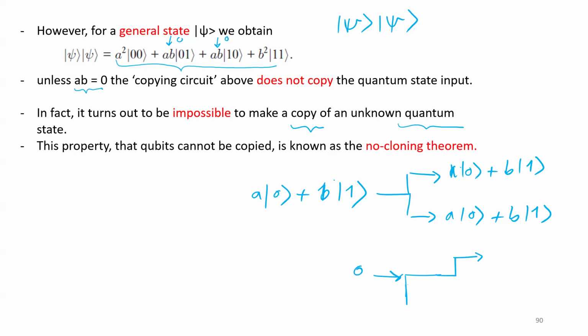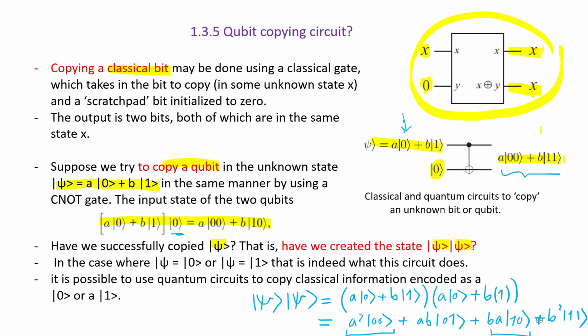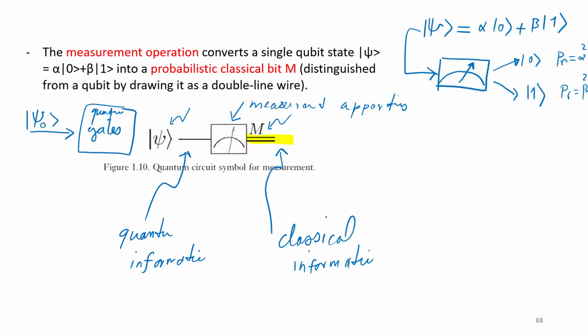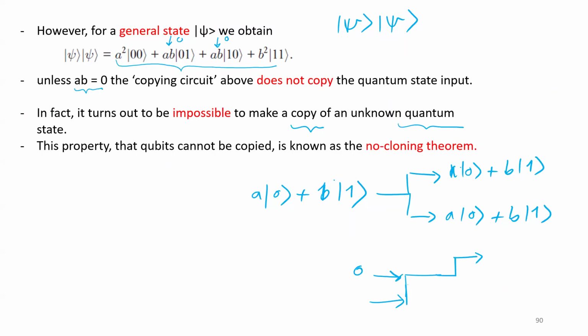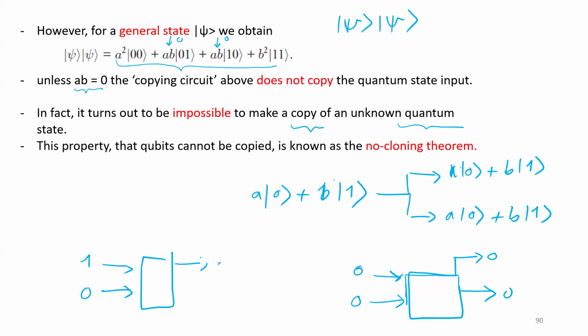I'm going to put a 0 here, but the one I'm copying is 0. So if you have 0 and 0, I can end up with 0 and 0 from this gate. If I have 1 and 0 here, I can end up with 1 and 1.